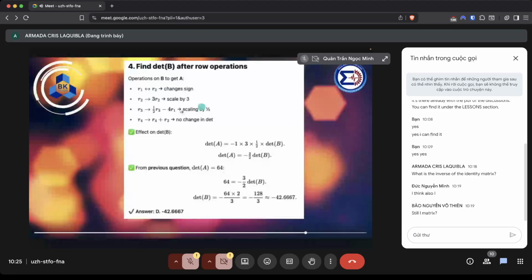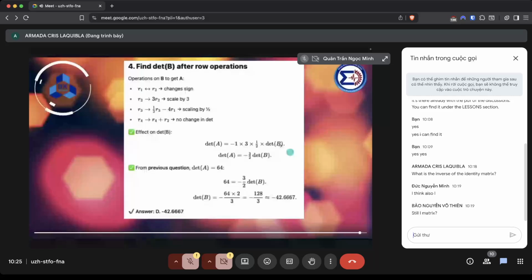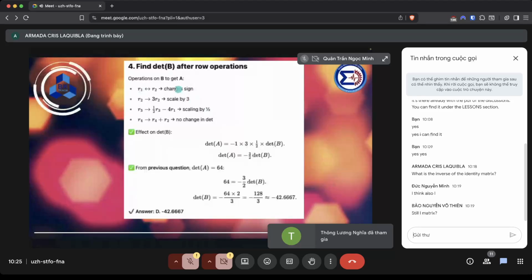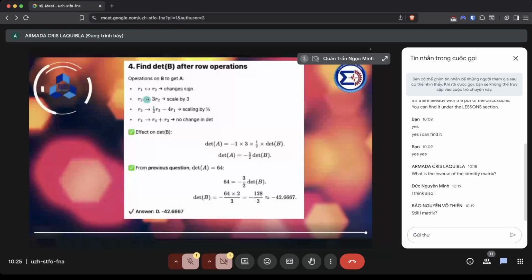But the changing of the signs, it's there. So you have your determinant of A is equal to determinant of B times the changes that we will apply. So first, when you interchange the rows, it will change the sign. That is why I multiply that with negative 1. Next, R2 maps to 3R2. So you multiply 3 here. You have to multiply 3 also in the determinant. Here you multiply R3 with 1 half.